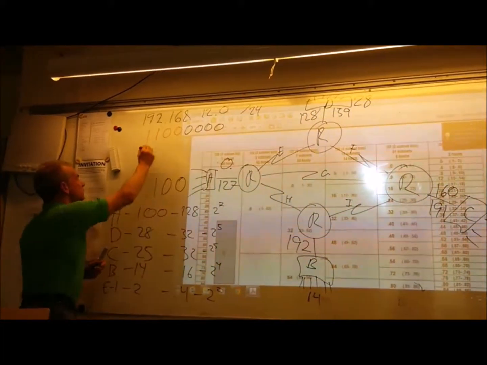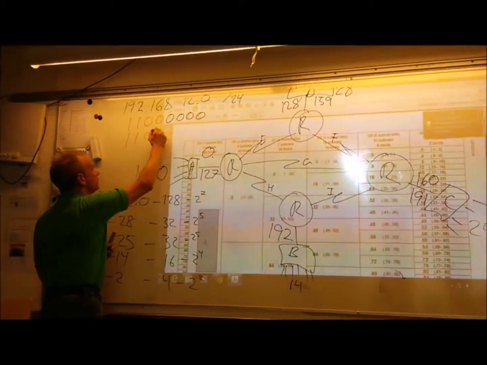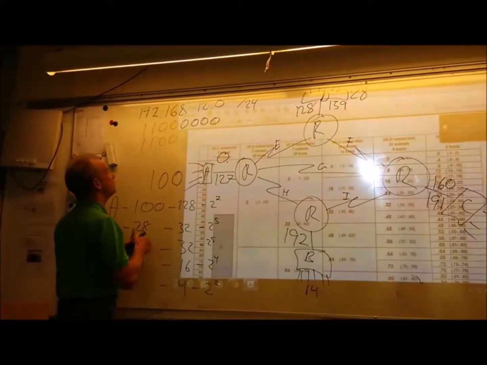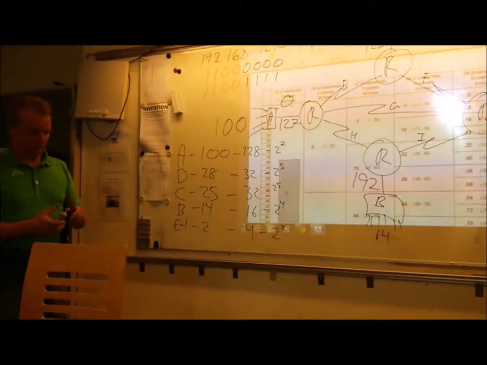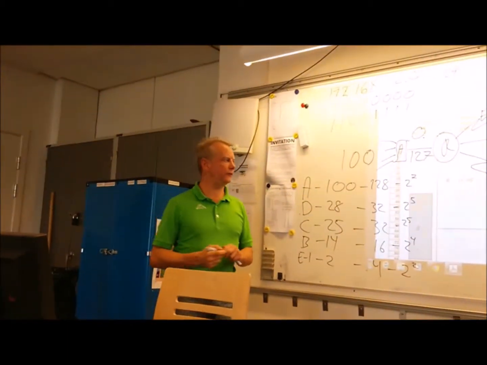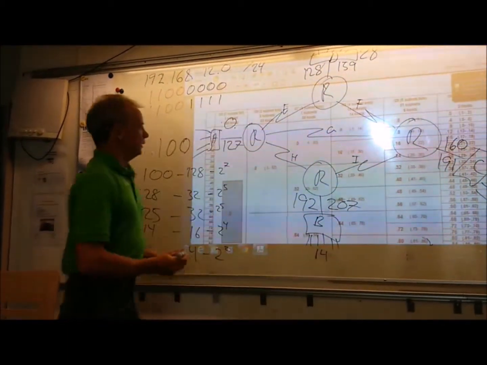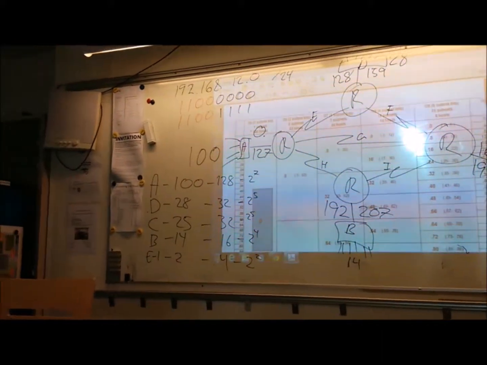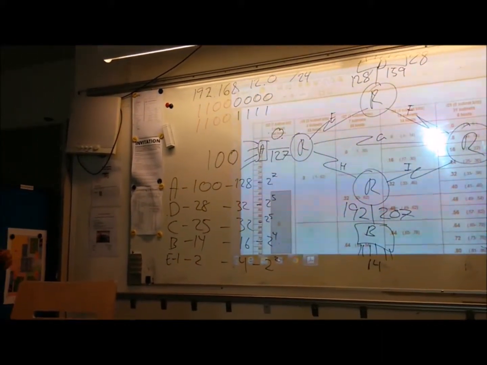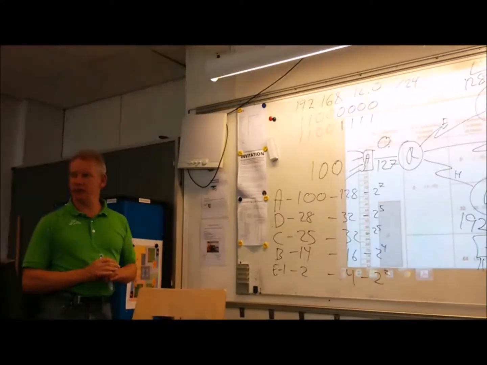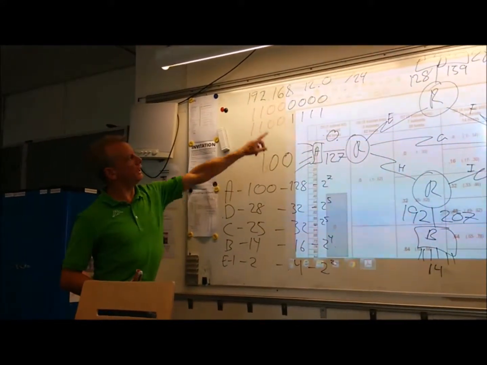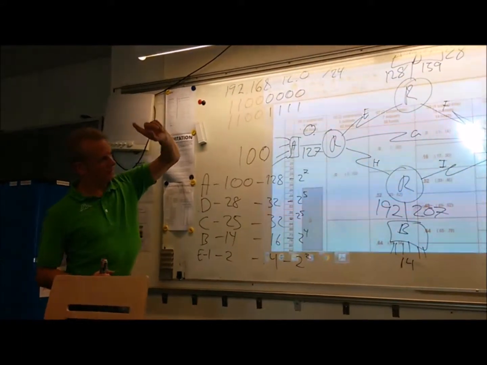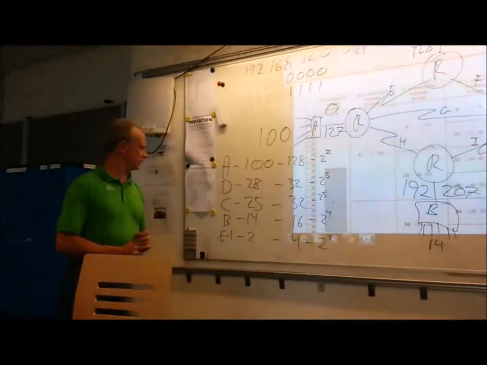Ending address is 1100 1111. So 192 plus 15. 8 plus 7 is 15. Yep. Ending address of the D network. Broadcast address of the D network. So that was A, B, C, and D networks.